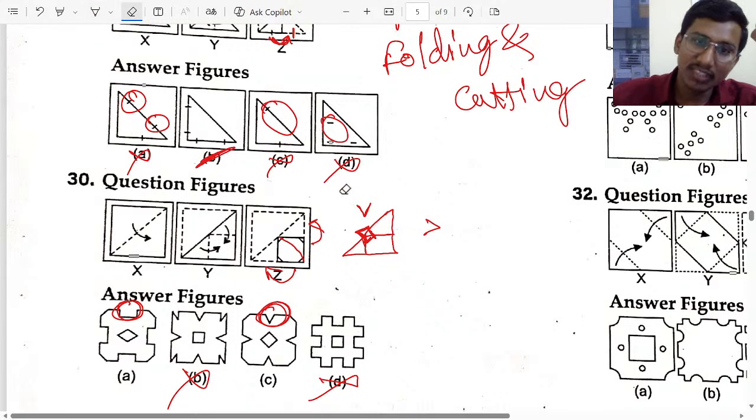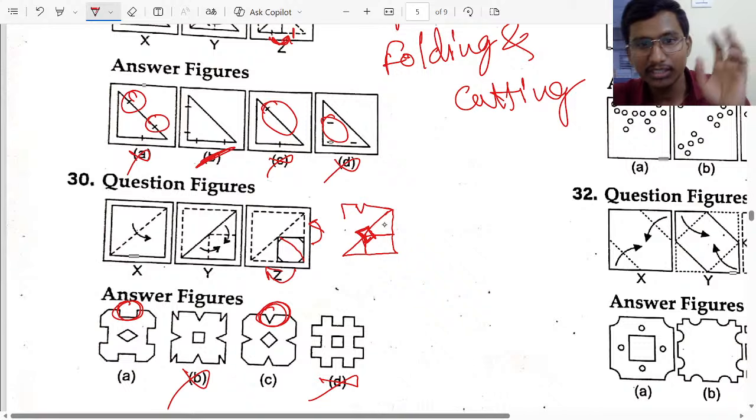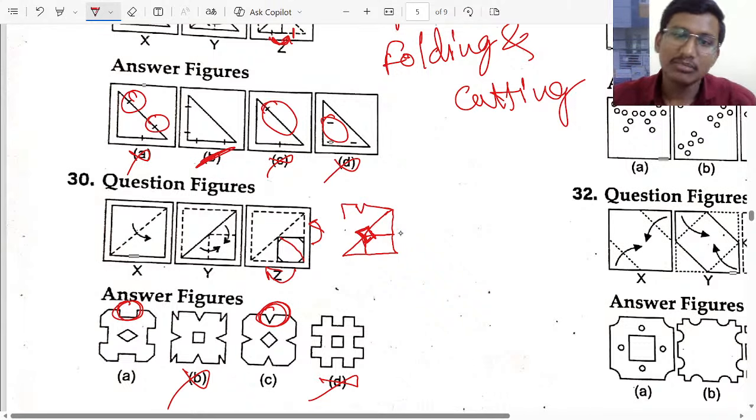Only the triangle will come. So I am not drawing all, just remember this. There will be one triangle, so that is why the answer is option C for the 30th question.